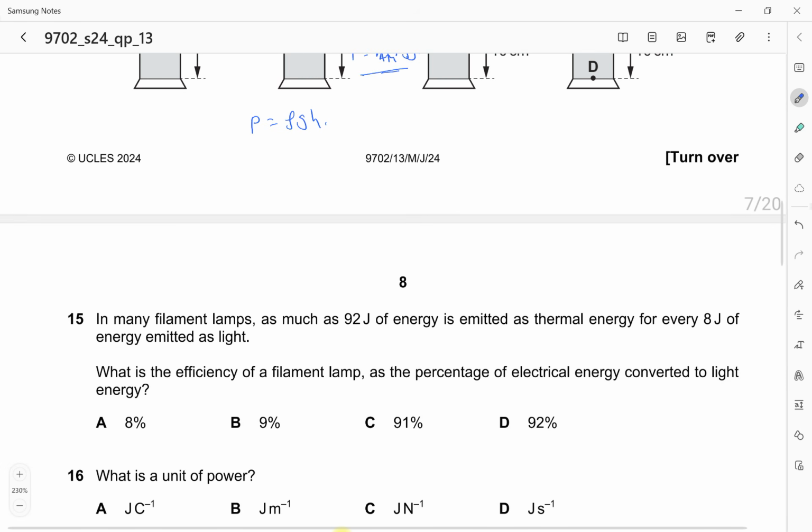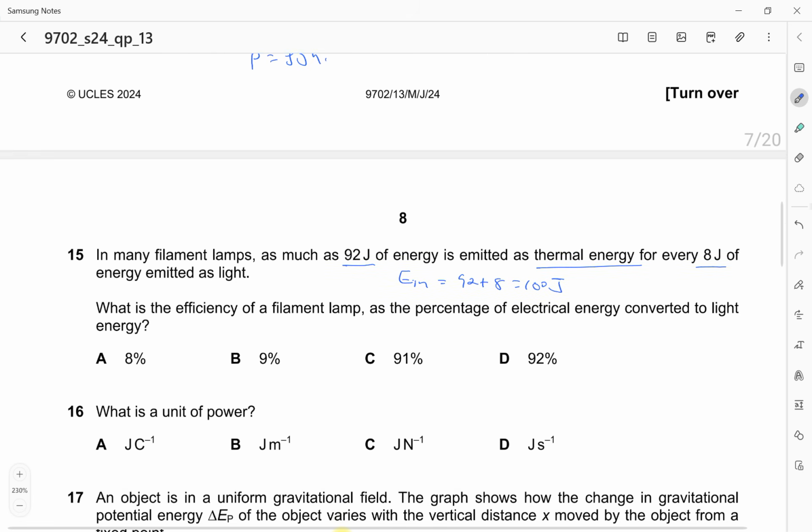In many filament lamps, as much as 92 joules of energy is emitted as thermal energy, so that is wasted. 8 joules is emitted as light. So it means total energy input is 92 plus 8, which is equal to 100 joules. That is total energy input. What is the efficiency of the filament lamp as the percentage of electrical energy converted to light?